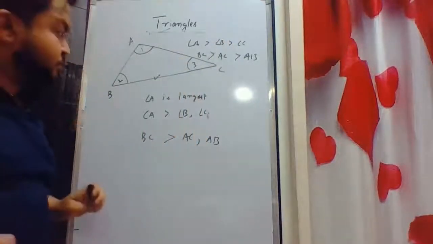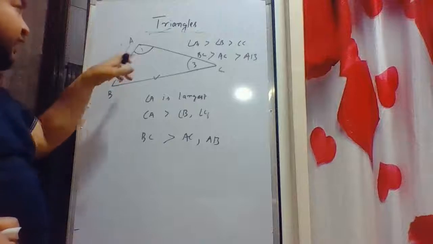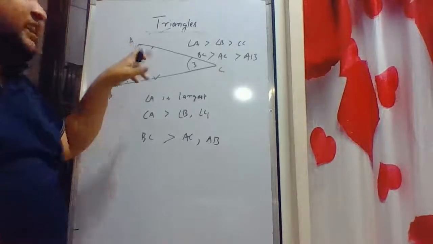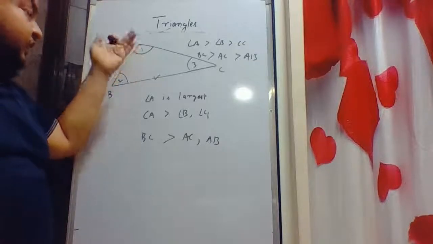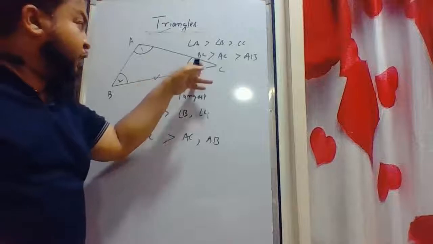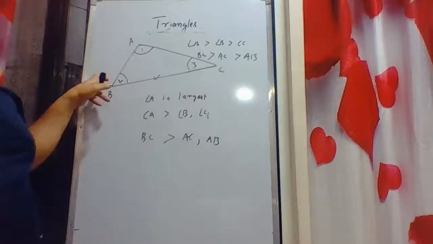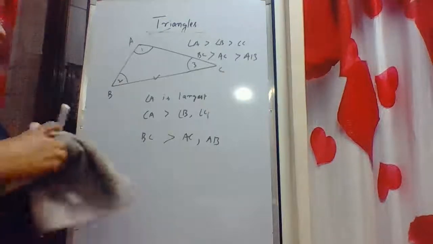So that's why remember, in a triangle there is a strong correlation between angles and their opposite sides. The angle that is the largest, the side opposite to it would be the largest. The angle that is smallest, the side opposite to it would be the smallest.